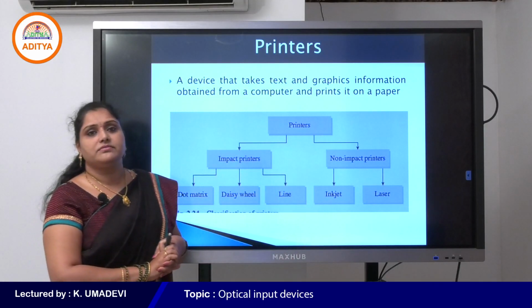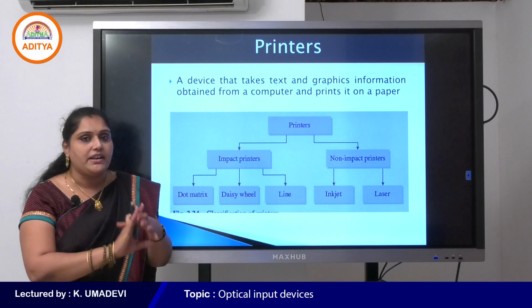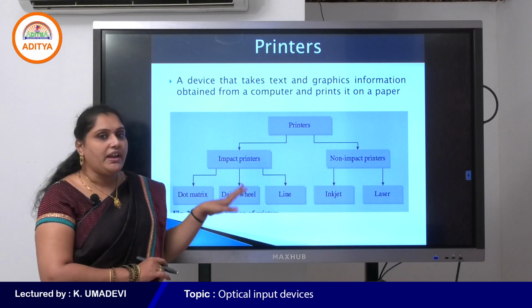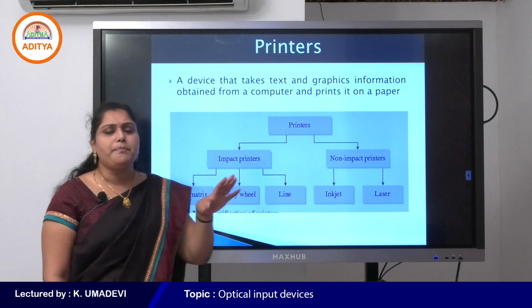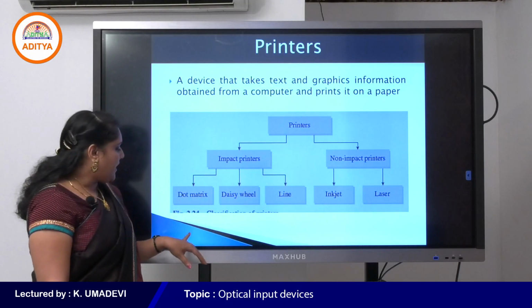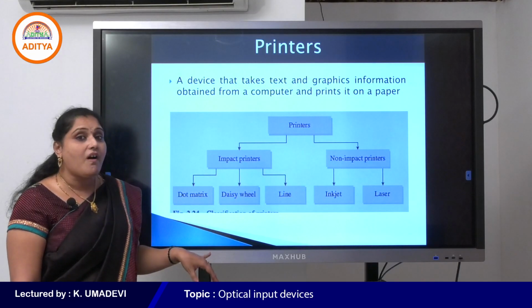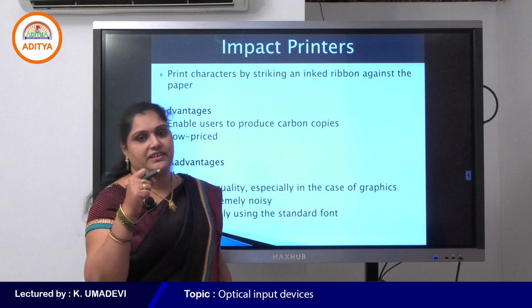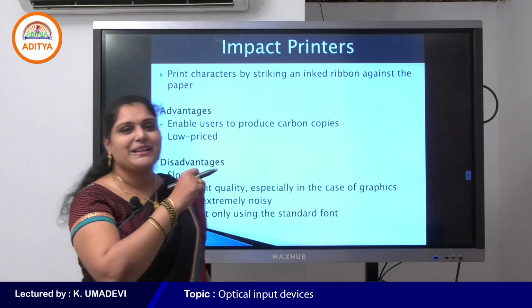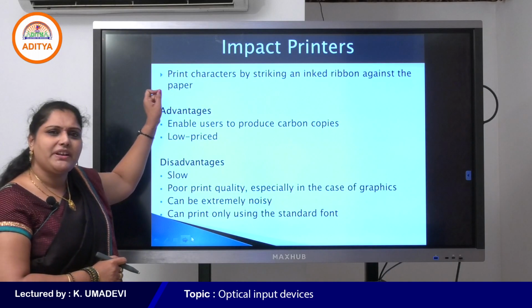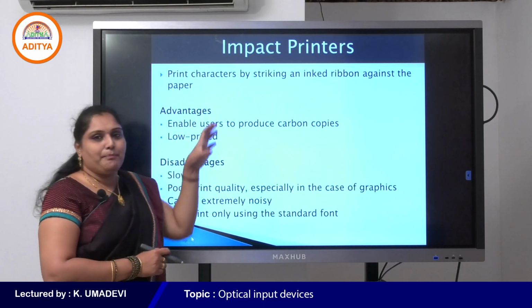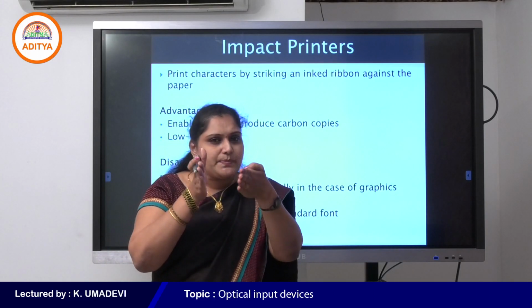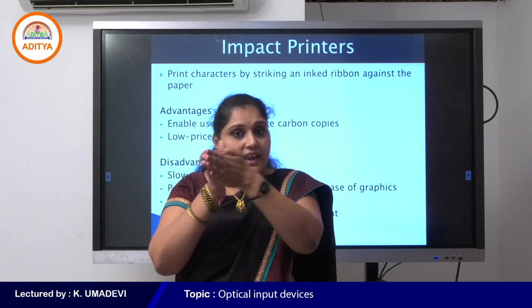So what are impact printers? Dot matrix, daisy wheel, line, band, drum printers, etc. come under impact. We will see why these printers are called impact printers and why inkjet and laser printers are called non-impact printers. First, impact printers. Why are these called impact printers? Impact printers print characters by striking an inked ribbon against the paper.